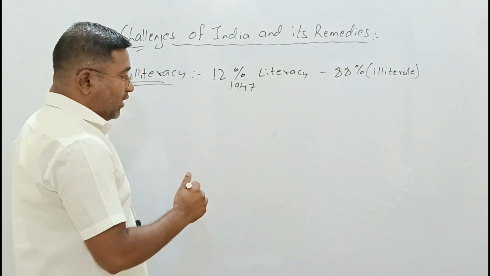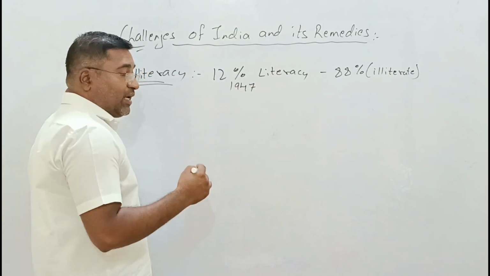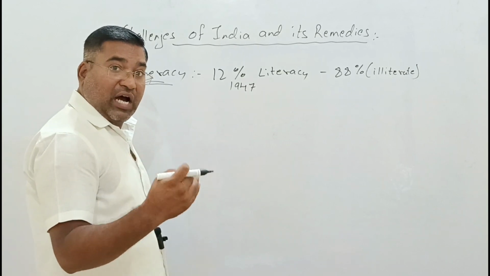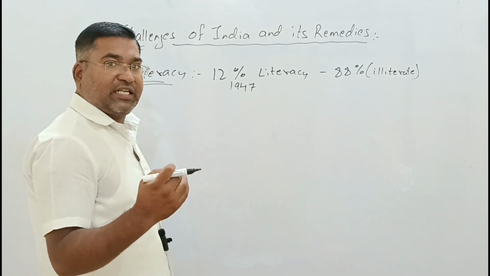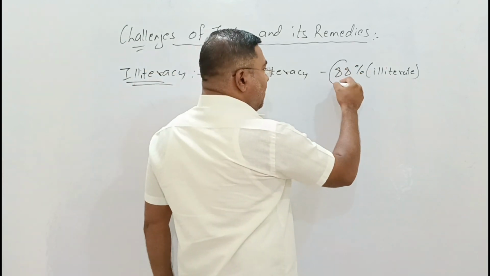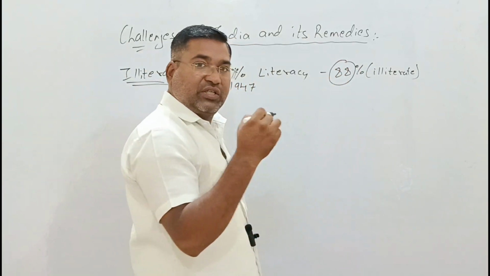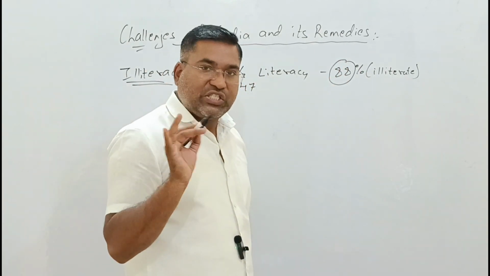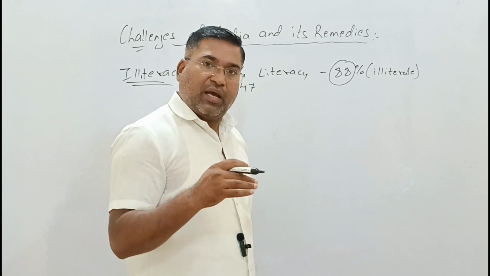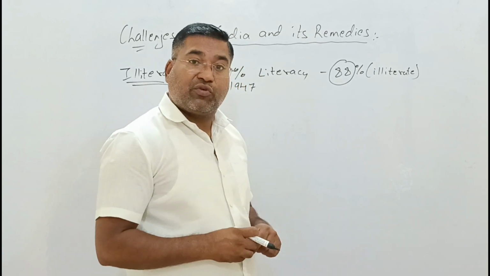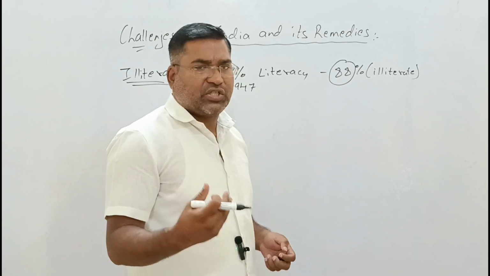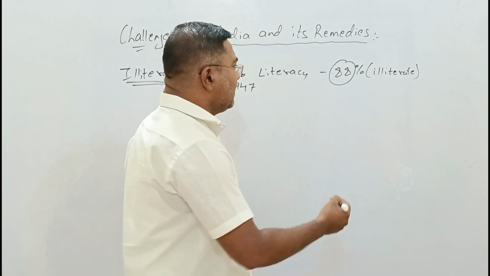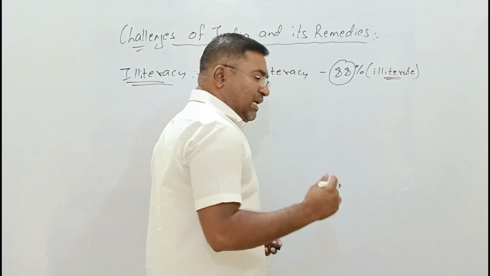We are talking about 1947. After independence there was great progress, because converting that 88 percent into literacy was not an easy job. The different governments that were formed gave their best to overcome illiteracy.